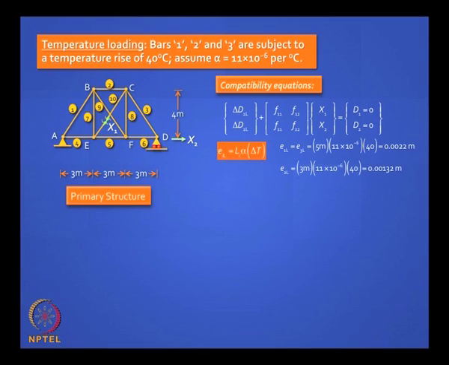Then what do you do? You invoke the unit load method, which is, in this equation you apply say F1 equal to 1 or X1 equal to 1, and you look at this displacement field where you have these temperature changes and you have these known bar elongations.